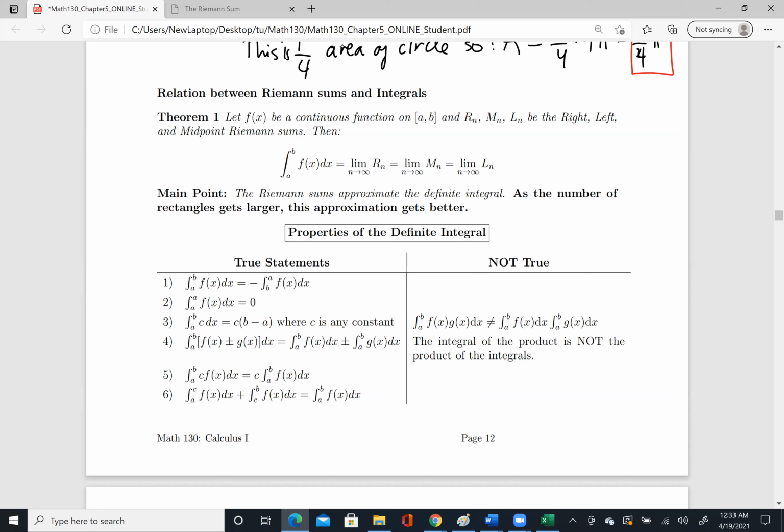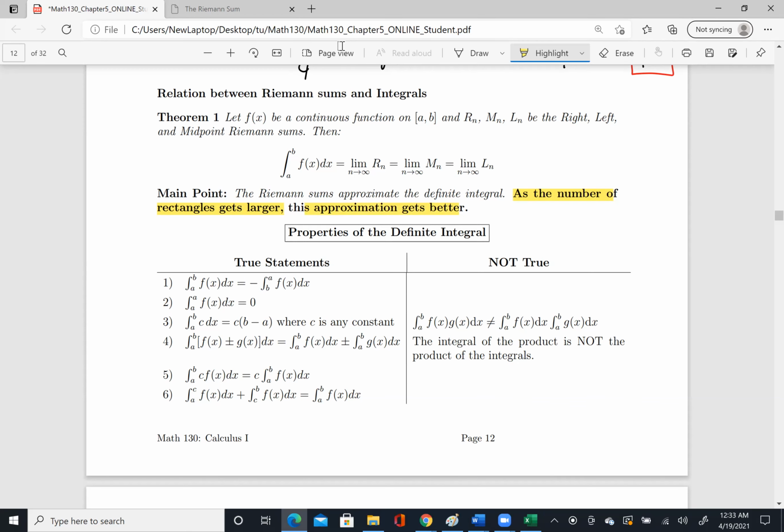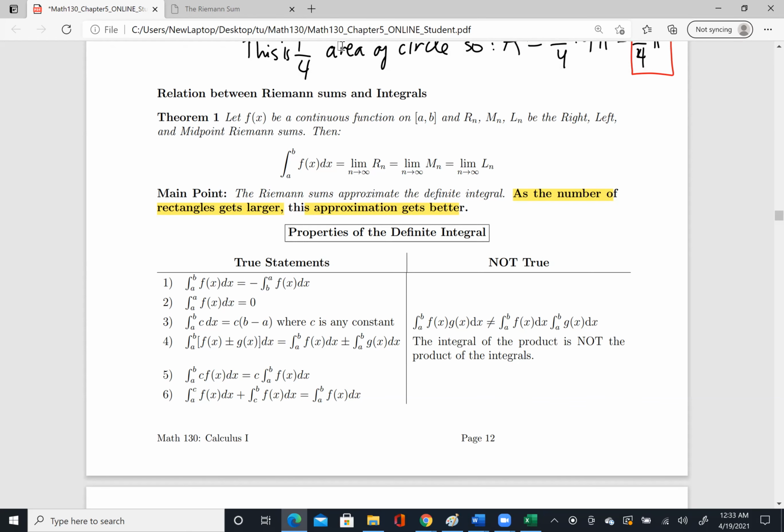So what does that mean? That means the Riemann sums approximate the definite integral, and as the number of rectangles gets larger, this approximation gets better, as I mentioned in the previous video.